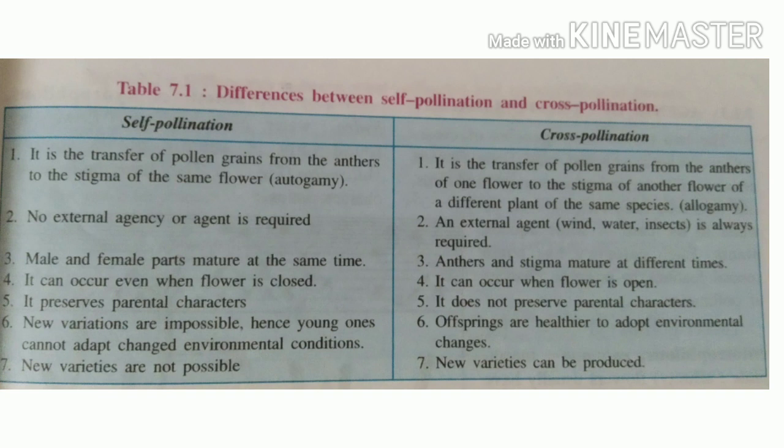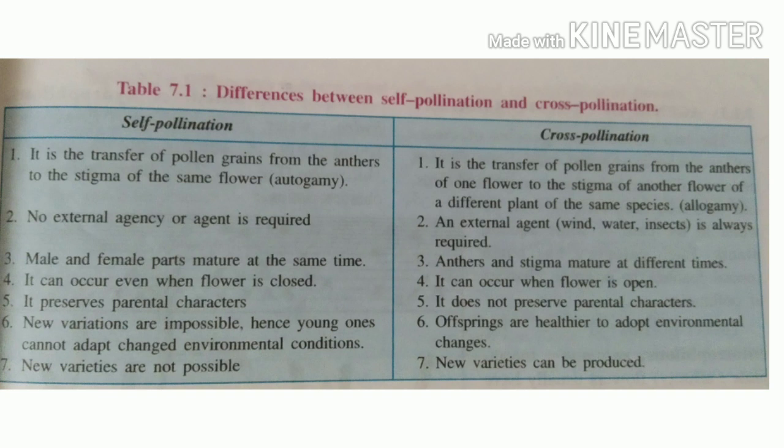Self-pollination preserves the parental characteristics, but in cross-pollination, there is no preservation of parental characteristics, that is, new varieties are produced. In self-pollination, new variations are impossible, hence young ones cannot adapt to the changed environmental conditions. But in cross-pollination, the offsprings are healthier to adapt to the environmental changes.